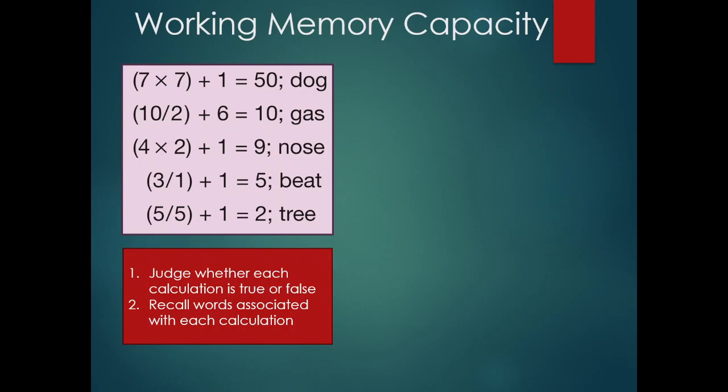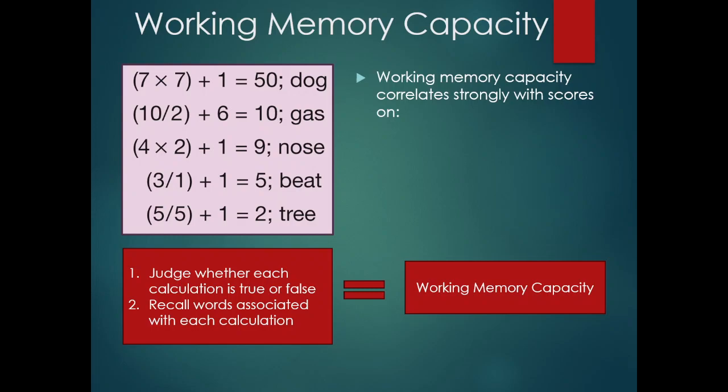So you've stopped rehearsing the word dog because now you've started paying attention to the next task. And so it's a really hard task. Most people can't do very many accurately. And what I mean by accuracy is remembering those words in the order they were presented. So this performance is what we would call your working memory capacity.